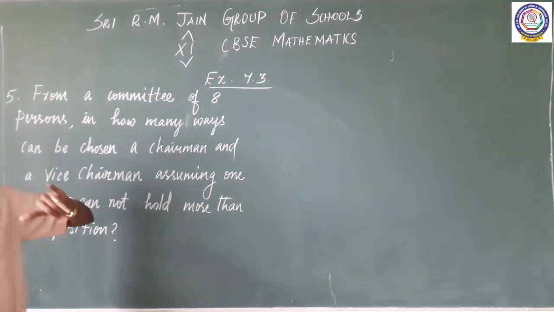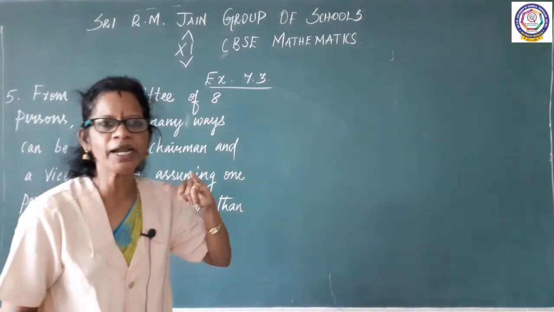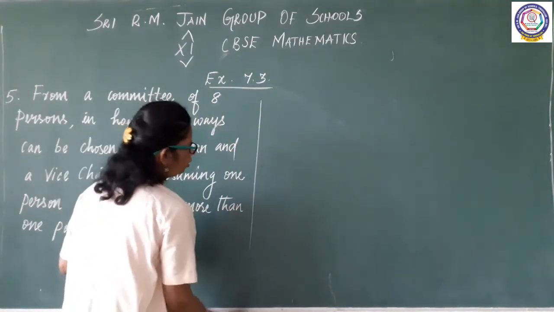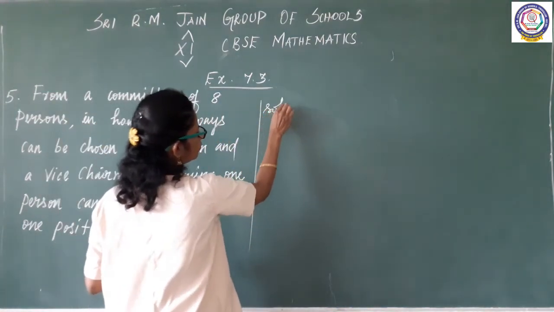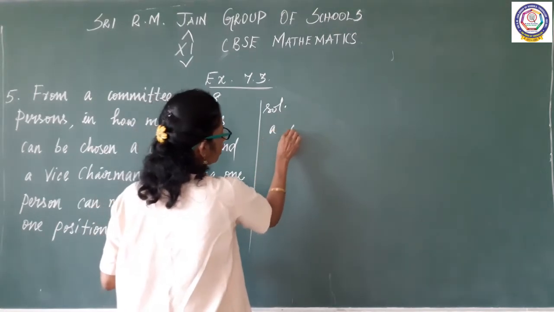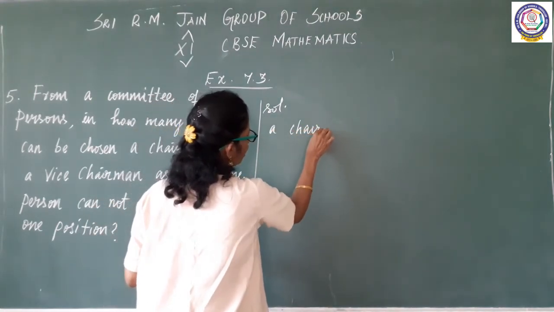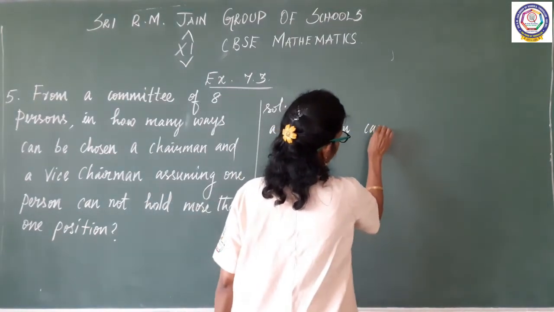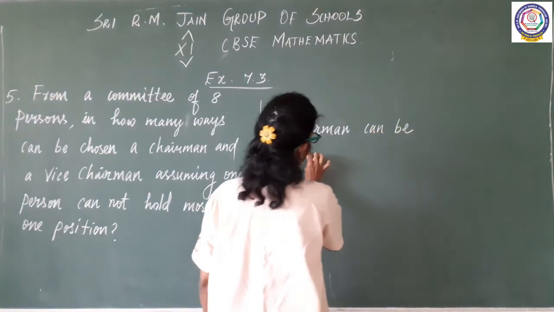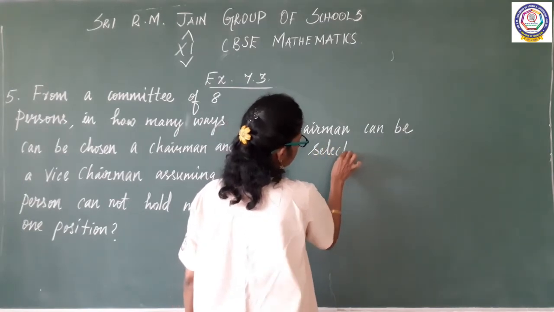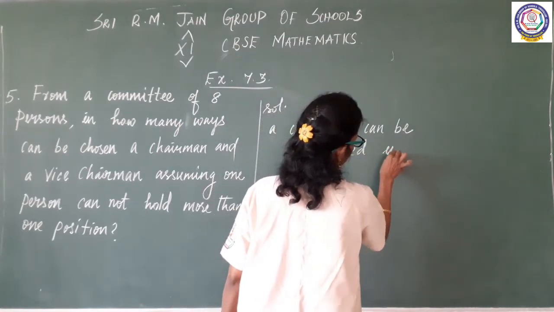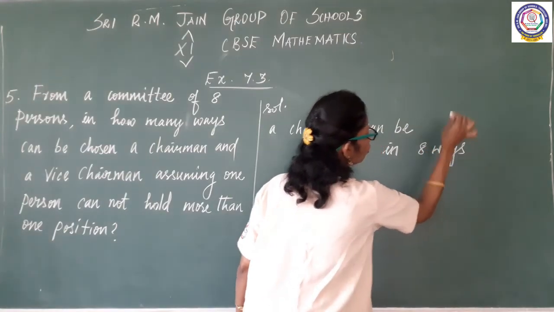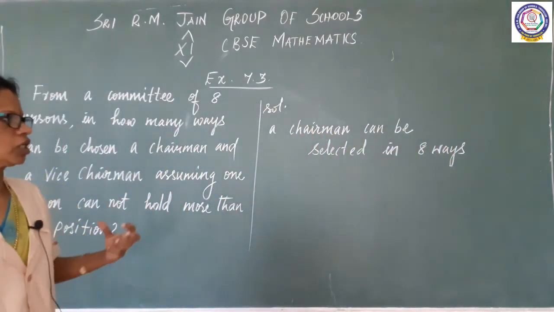In that we are going to select one person as a chairman and another one as a vice chairman, right? Solution. A chairman can be selected in 8 ways. Anyone can be selected, right?